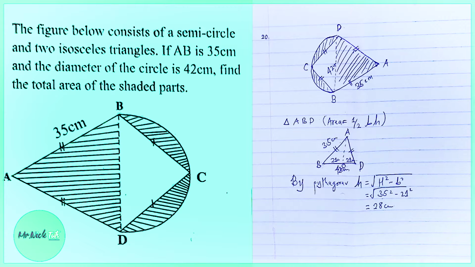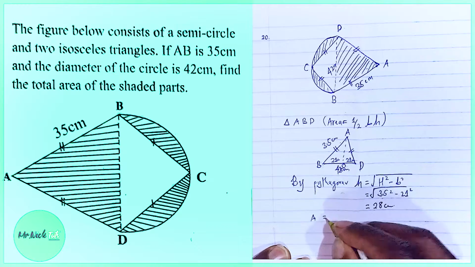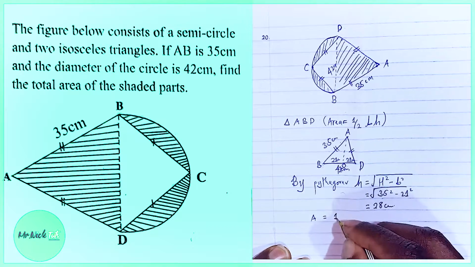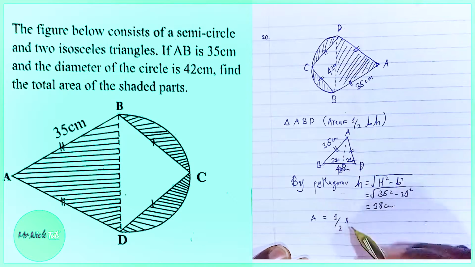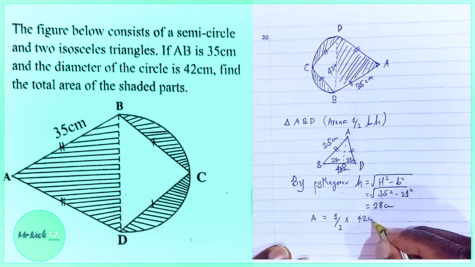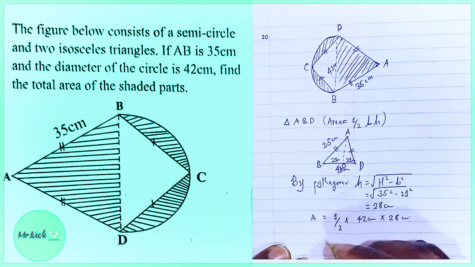So basically the height of this triangle ABD is 28 centimeters. Good. Now, for us to find its area, we're just going to have A equals a half times our base, which we've established to be 42 centimeters, times our height, which we have as 28 centimeters.